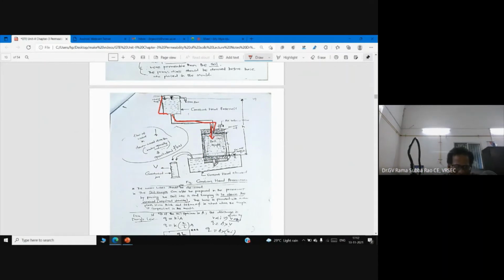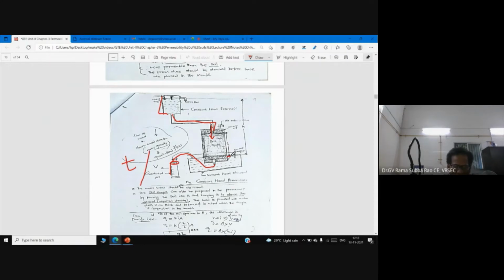Whatever water passes out from the soil sample is collected in a graduated jar, so from this we can measure the volume. During the experiment, we collect the amount of water passed through the soil sample within the elapsed time. So the time and the amount of water collected are both observations we maintain, and they are very important.